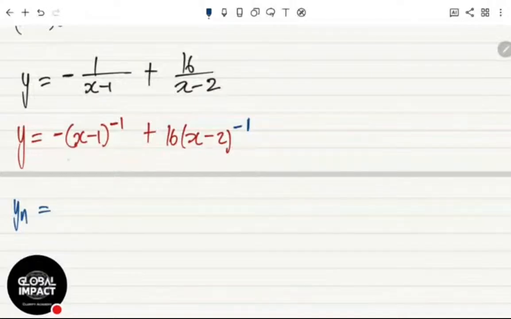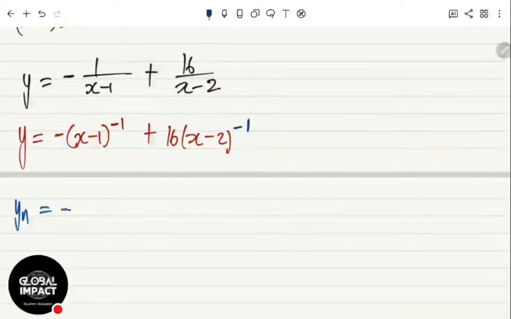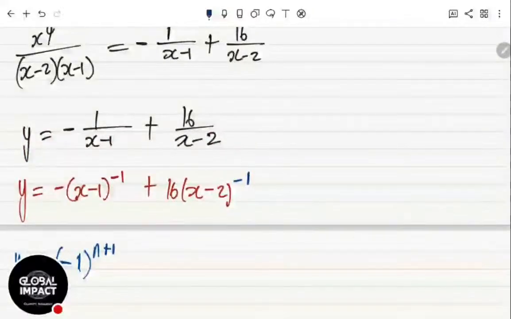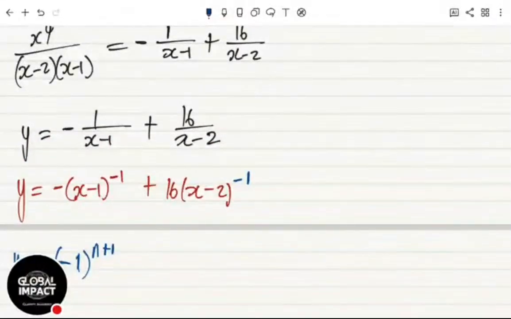We start with this part. What will happen? We know that it will be minus 1 to the power of, was it n plus 1 or n minus 1?